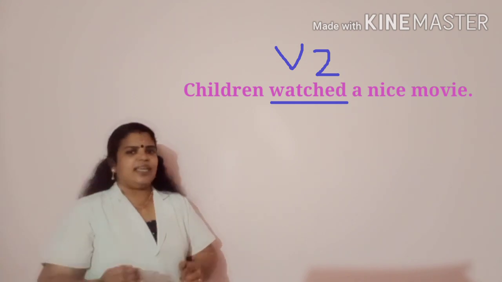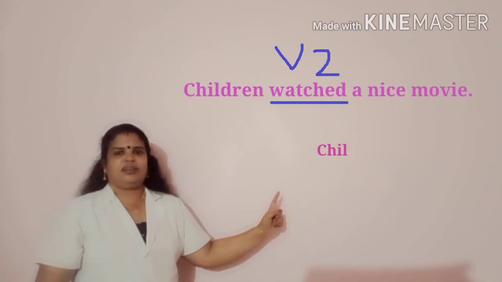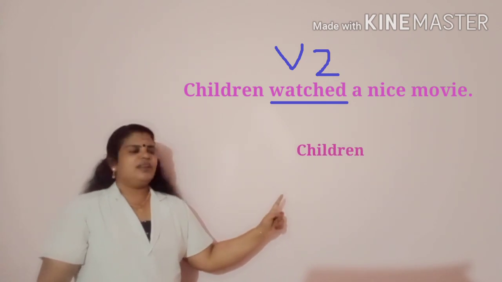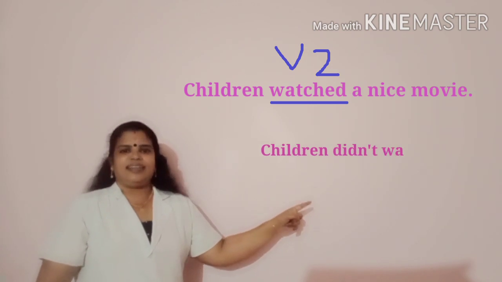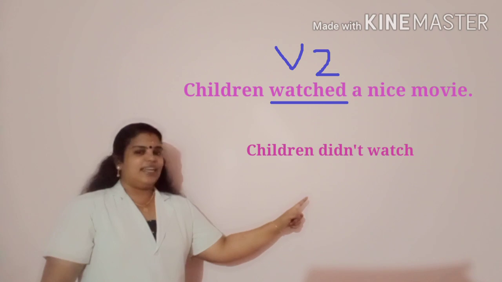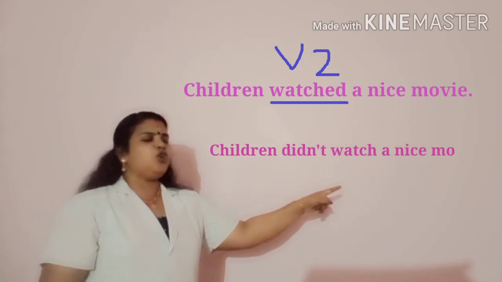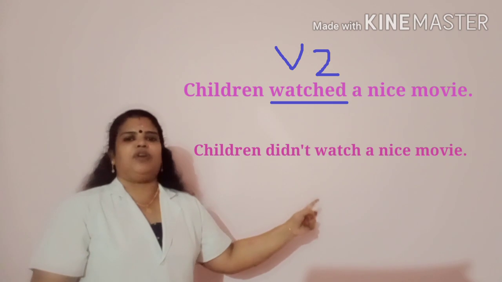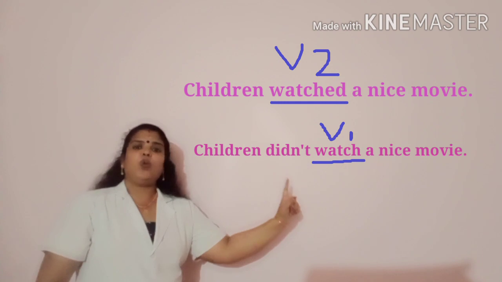When we change this sentence to negative, here the subject is children. Then you want to add didn't. Children didn't. And then you want to change that V2 form of the verb to V1, the base form, that is watch.